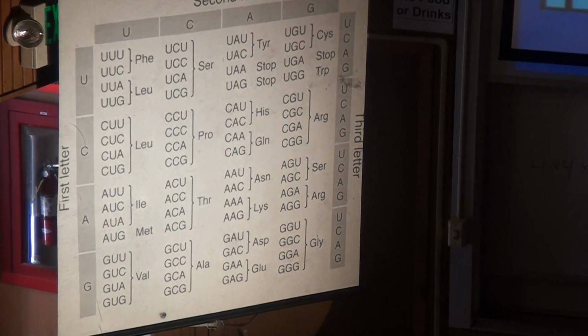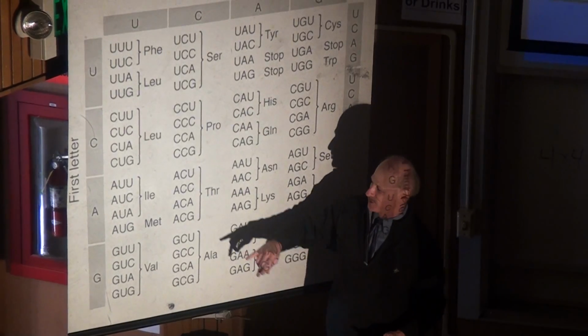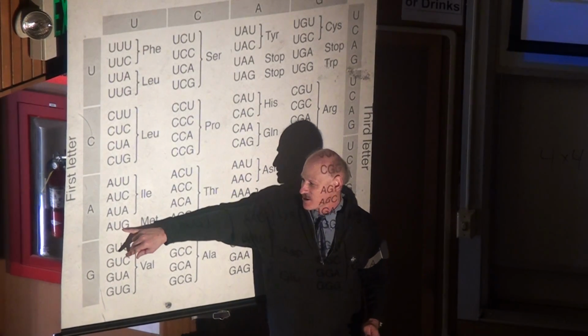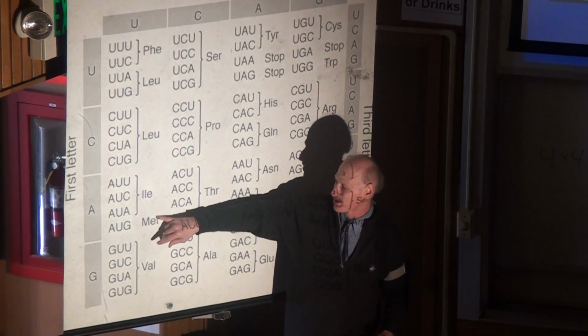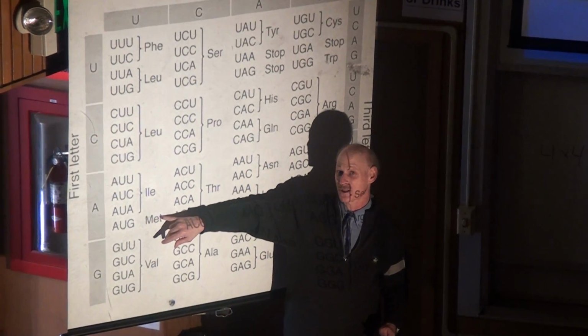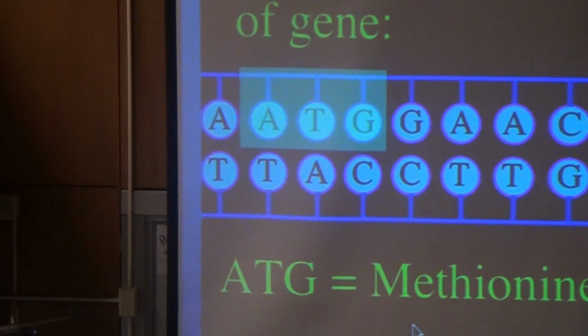Okay, so the first codon of this gene is ATG, and if you remember to change your T's into U's, here's the codon AUG, and so to the cell that stands for the amino acid methionine, and so that's how the cell knows that this particular protein is supposed to begin with the amino acid methionine, like that.